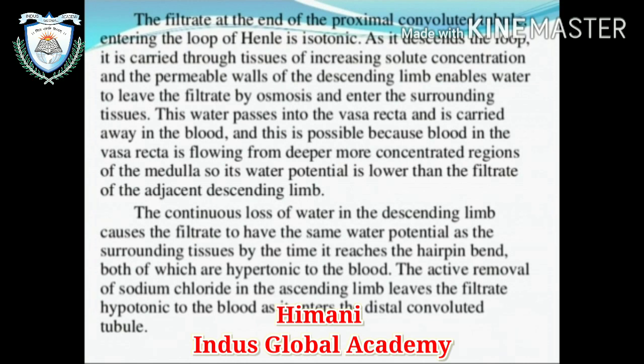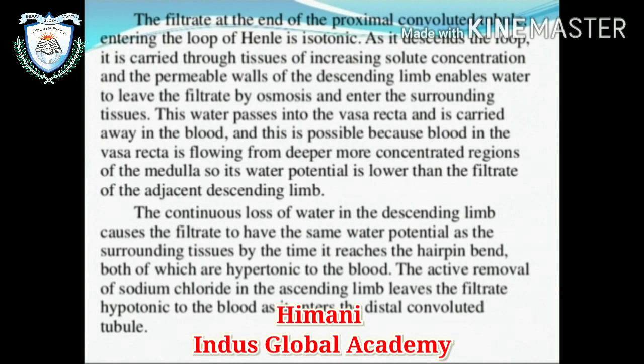This water passes into the vasa recta and is carried away in the blood. This is possible because blood in the vasa recta is flowing into the deeper, more concentrated region of the medulla, so its water potential is lower than the filtrate of the adjacent descending limb.